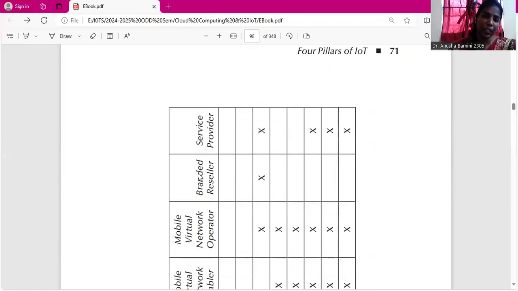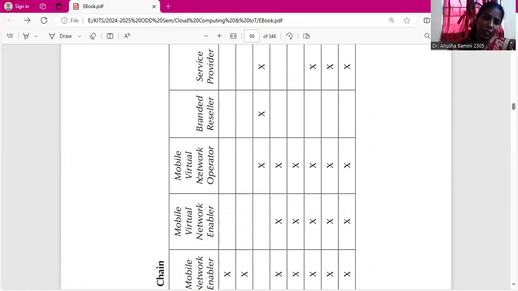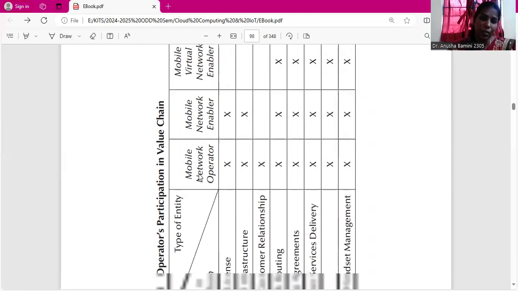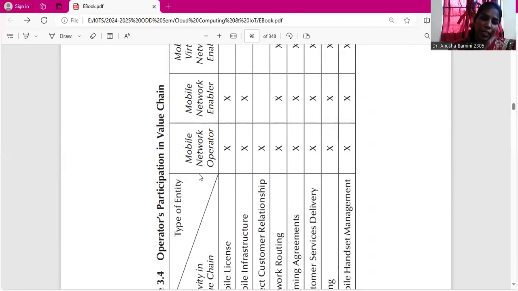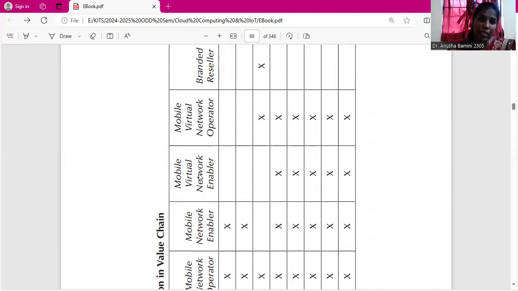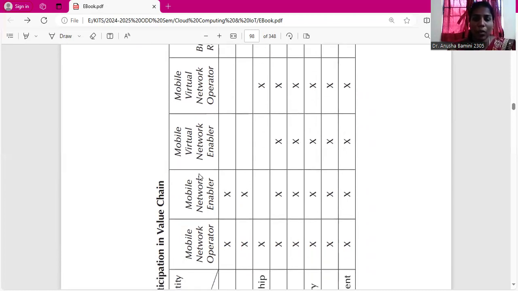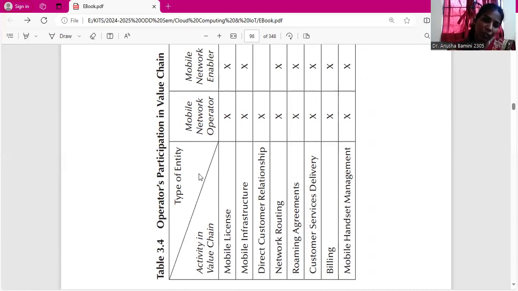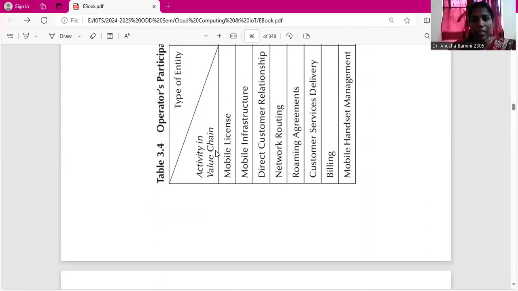Then these are some value chain or participation. What are the operators participating in M2M, which means mobile network operator, mobile network enabler, virtual network operator, whatever is supporting mobile license, infrastructure, network, everything is mapped in this table.